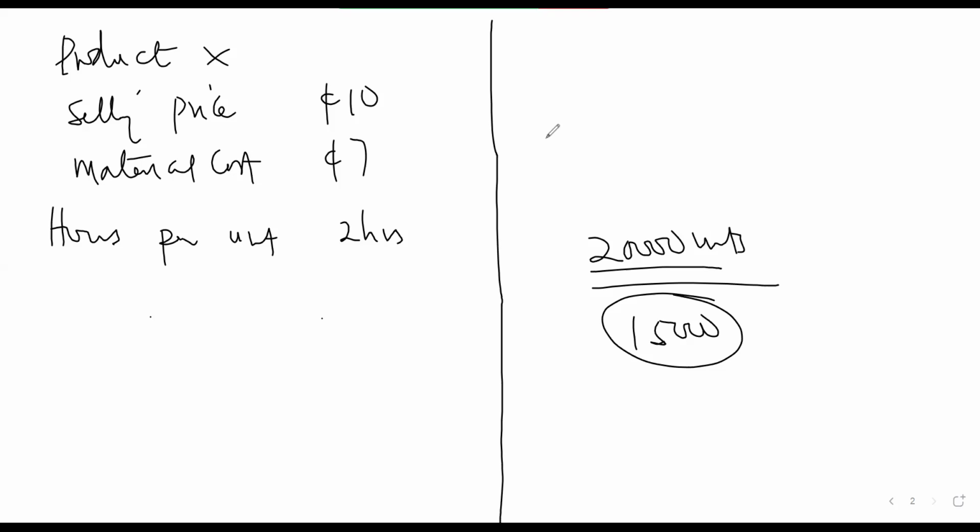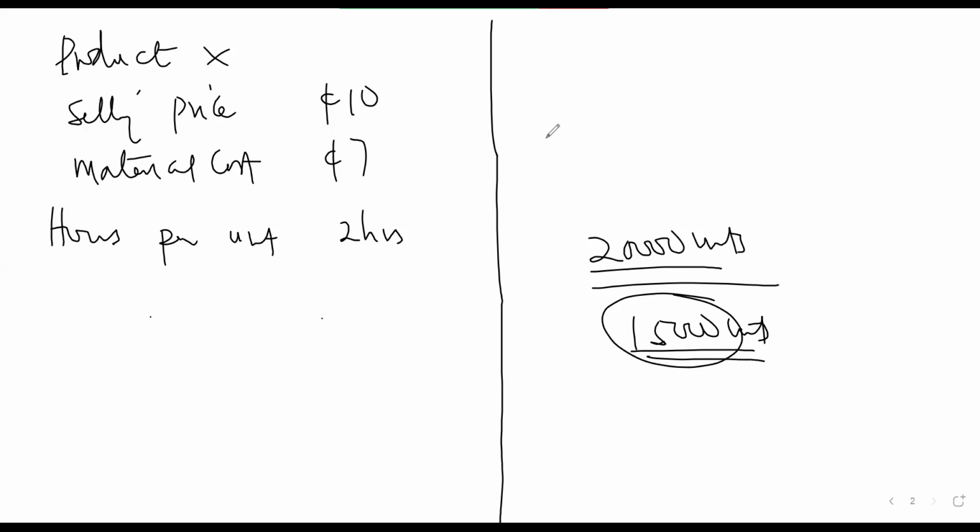So if I'm producing the 15,000 units, will I be able to get a contribution that will cover the fixed cost? That is the question you'll be asking yourself.